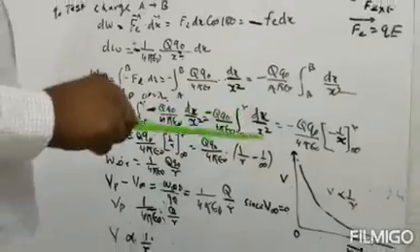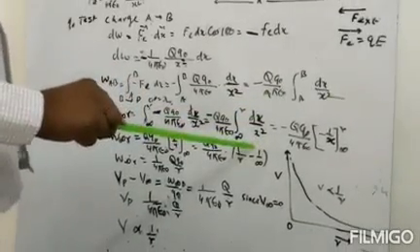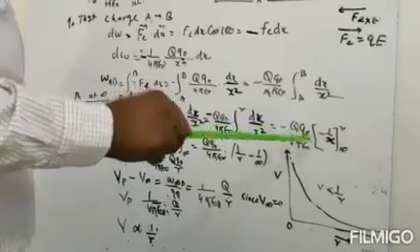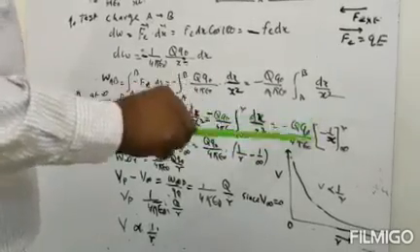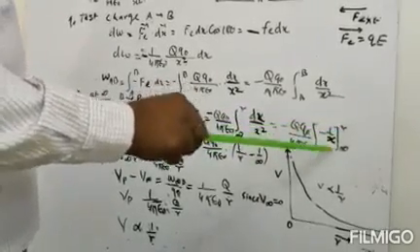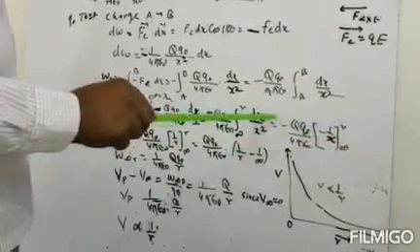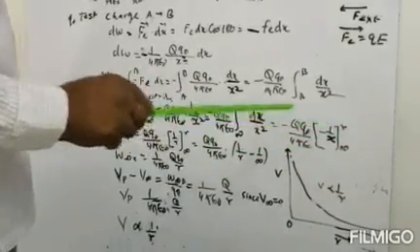Now the integration of dx divided by x square is minus 1 divided by x. So it will be equal to capital Q Q0 divided by 4 pi epsilon 0 into minus 1 by x, with limits from infinity to r, and it is with the negative sign. This negative sign will become plus.